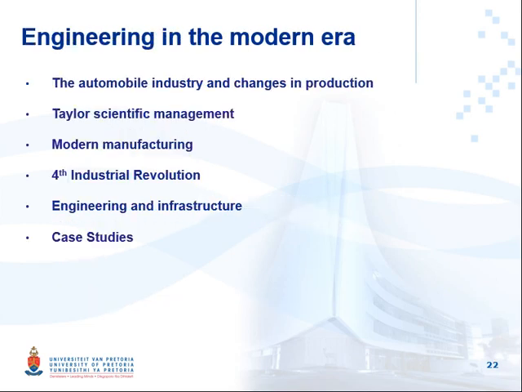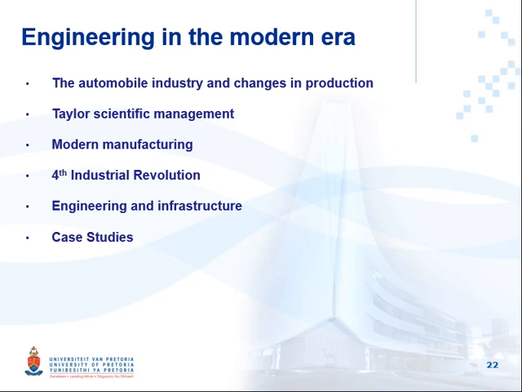In this section of our lecture, we are going to talk about engineering in the modern era, the 19th century until the present, and the role engineers played in shaping the modern world as we know it. We are going to talk about the automobile industry and changes in production.